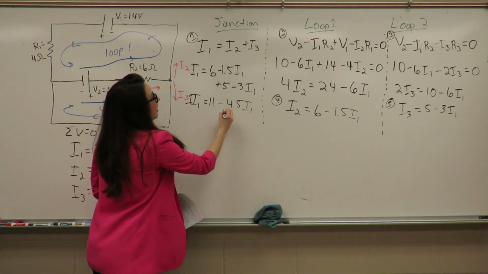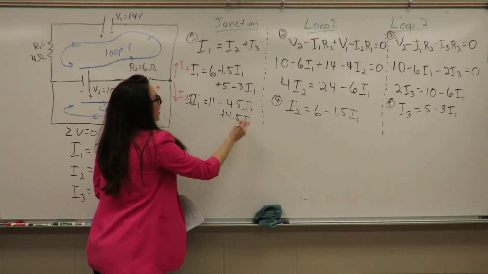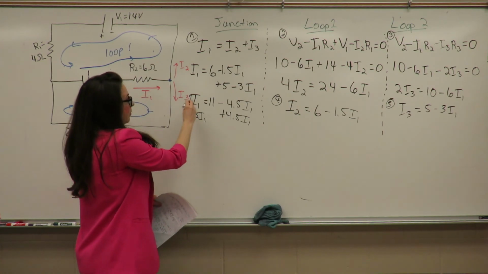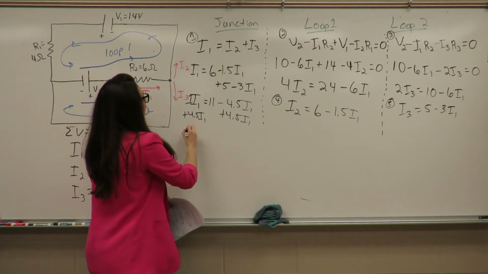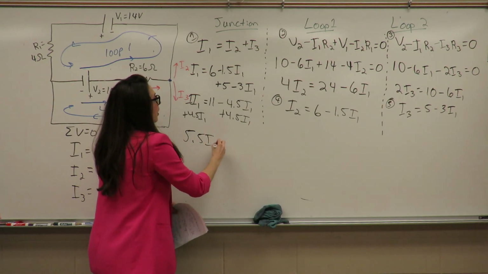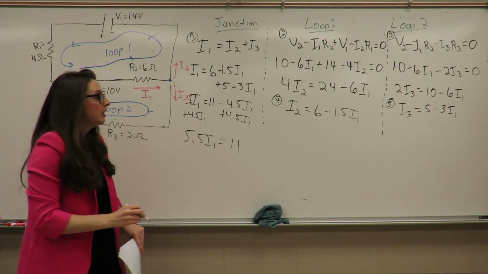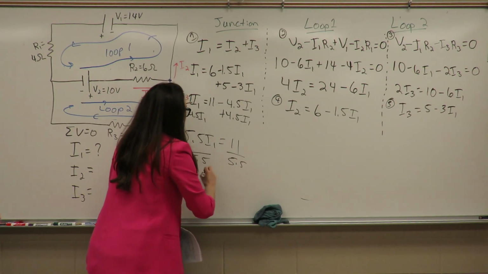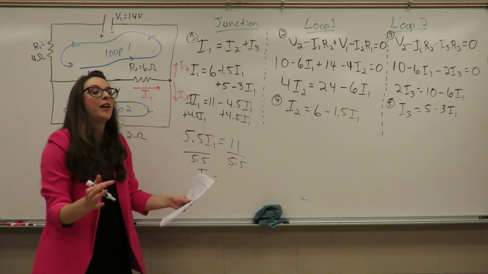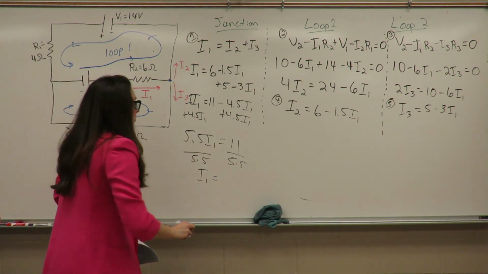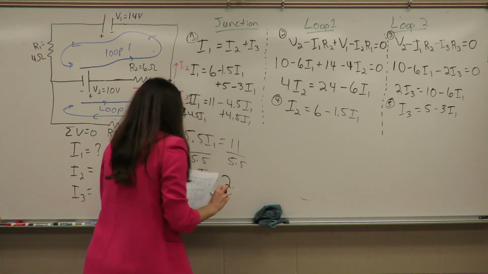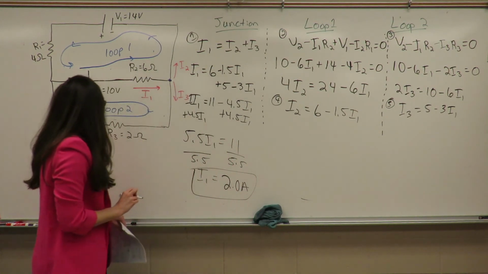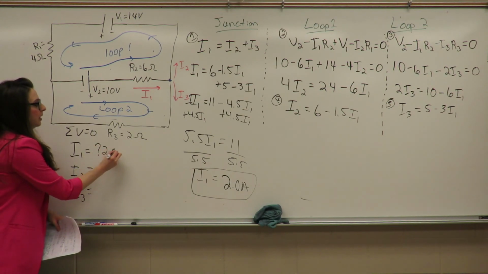So if I add 4.5 I1 to both sides, then I have, so 1 plus 4.5, that's 5.5 I1 is equal to 11. Now I divide both sides by 5.5, and then I1 is equal to 11 divided by 5.5, which is 2.0 amperes. Yeah, 2 amperes. So I1 is equal to 2 amperes.